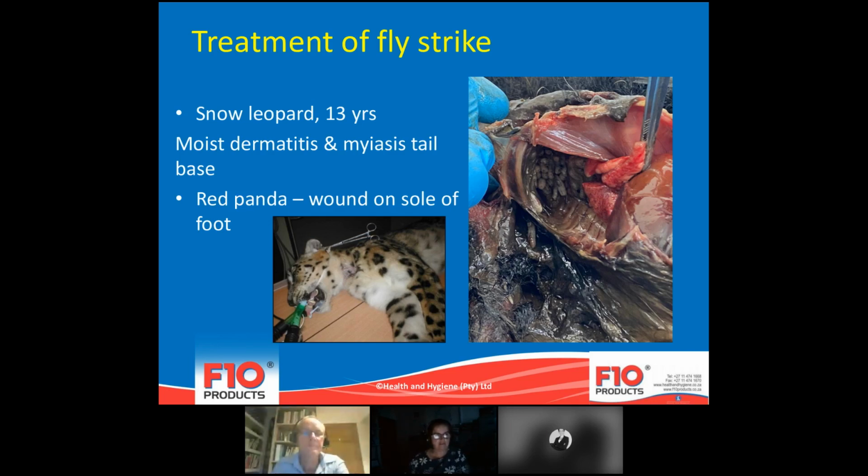Although F10 wound spray is contraindicated in cats, I have actually used it in big cats without a problem. This particular animal, we did euthanize quite soon after that. I've also used it in a red panda, which just had a little wound on the sole of the foot, which also was fly blown.